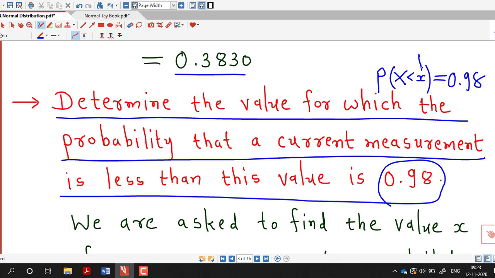We are not given this value; we have to find it. So we are given the area and we have to find the corresponding value of x.